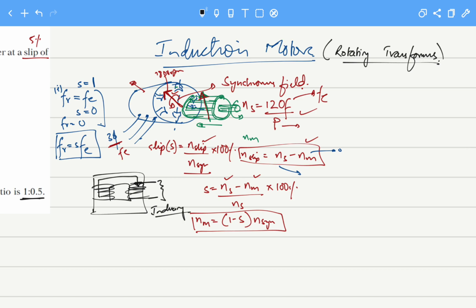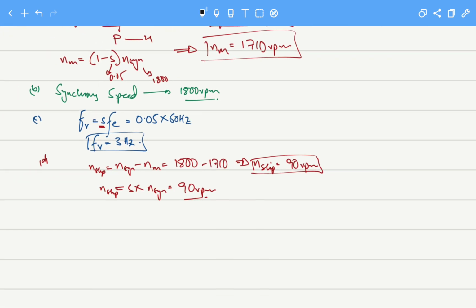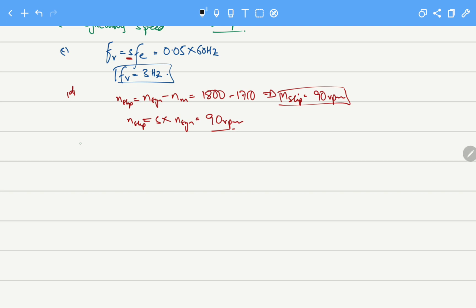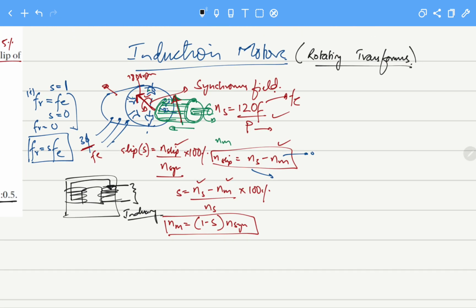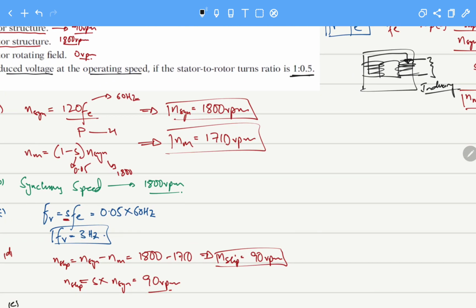As you have studied, there is also this concept of turns ratio when we make an approximate equivalent circuit for our induction motor. In part F, it asks how much voltage is induced in the rotor, let's call it ER, when it is rotating at the mechanical speed of 1710.